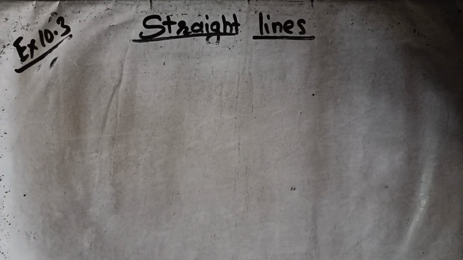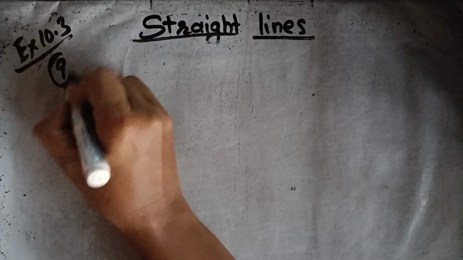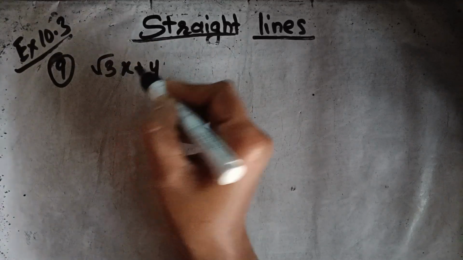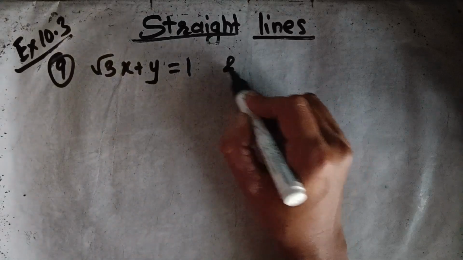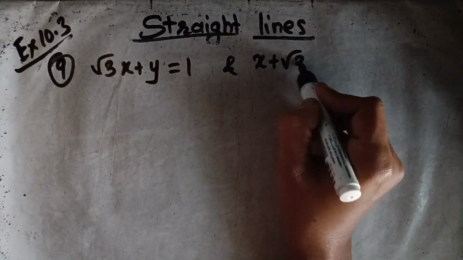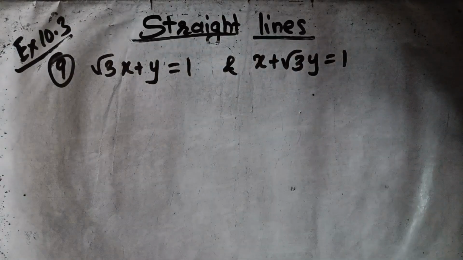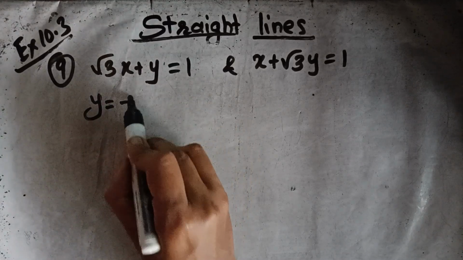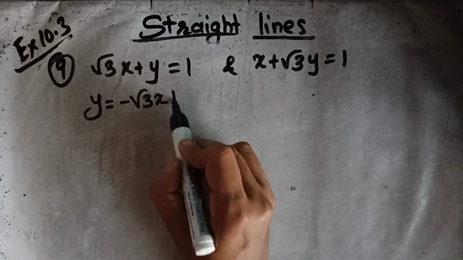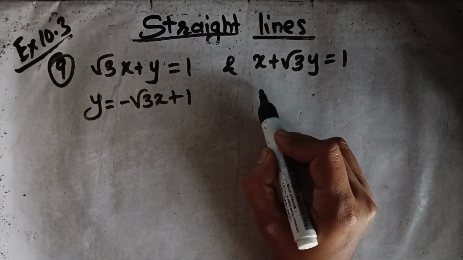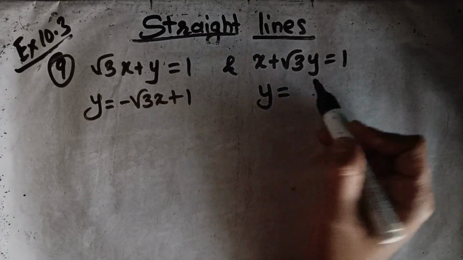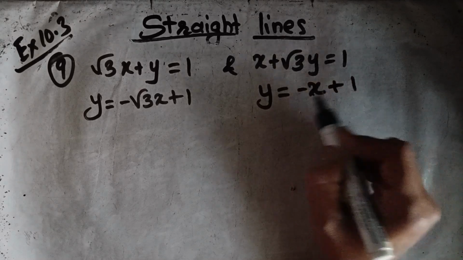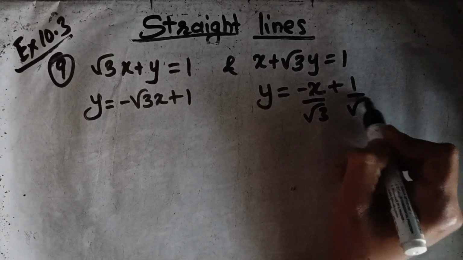Next question. You have to find the angle between the lines. Lines are given in the general form. So we want m. Minus x plus 1 divided by root 3.